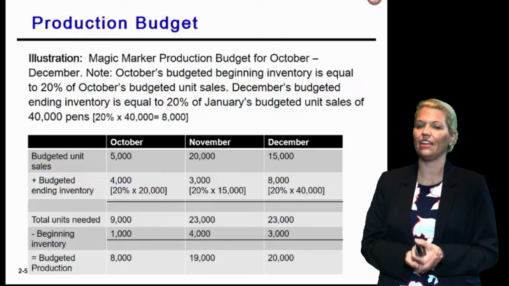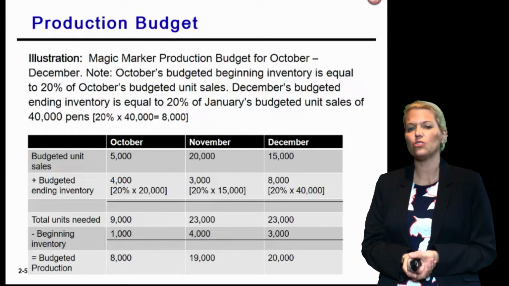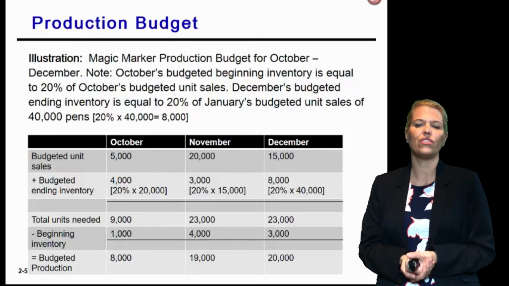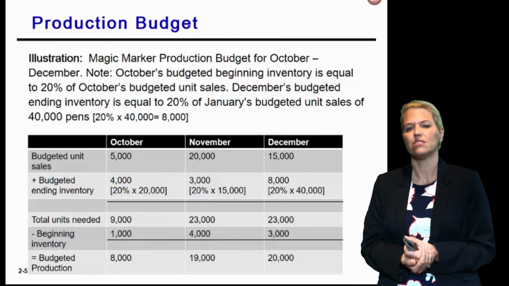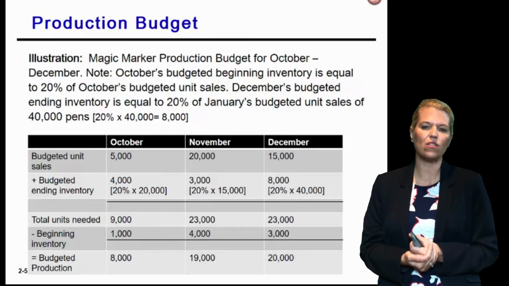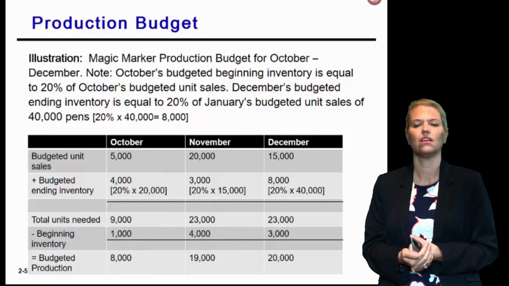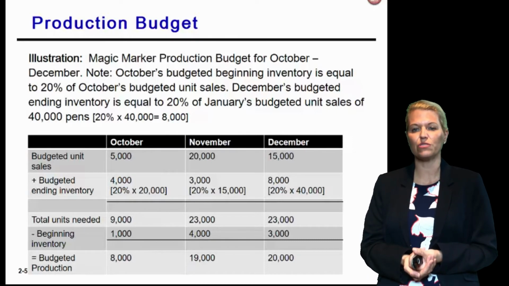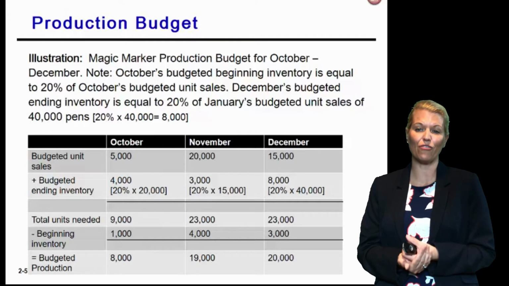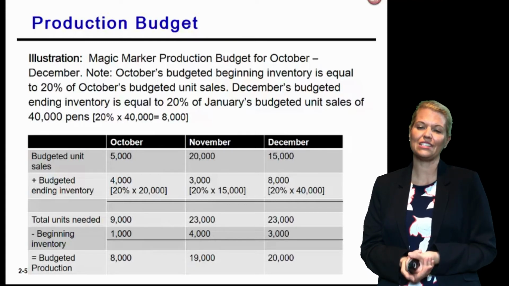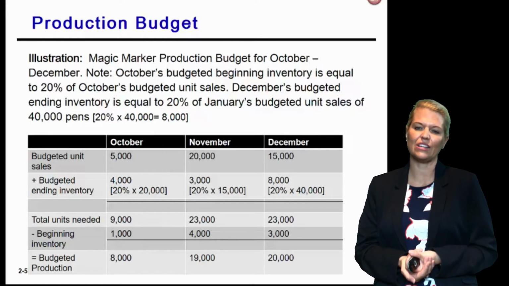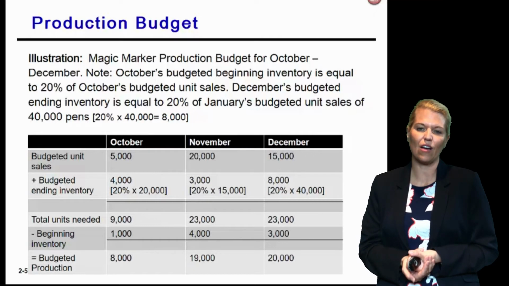October's budgeted beginning inventory is equal to 20% of October's budgeted unit sales. So 20% of 5,000 gives us our 1,000. For November, 20% of 20,000 gives us our 4,000. And for December, 20% of 15,000 gives us our 3,000.